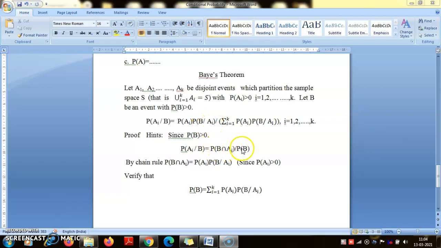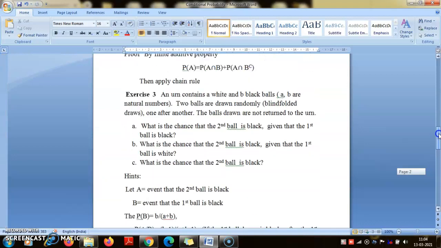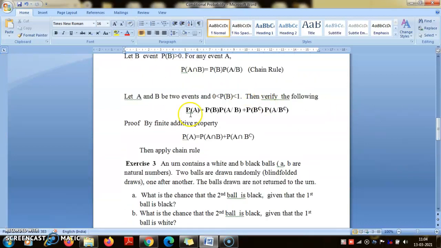Now the only thing we have to verify is that the probability of B is in fact this sum. In this context, whatever we have learned will become handy. Remember that for any two events A and B, with probability of B between 0 and 1, P(A) could be written as the sum of P(B) times the probability of A given B, plus the probability of B complement times the probability of A given B complement.